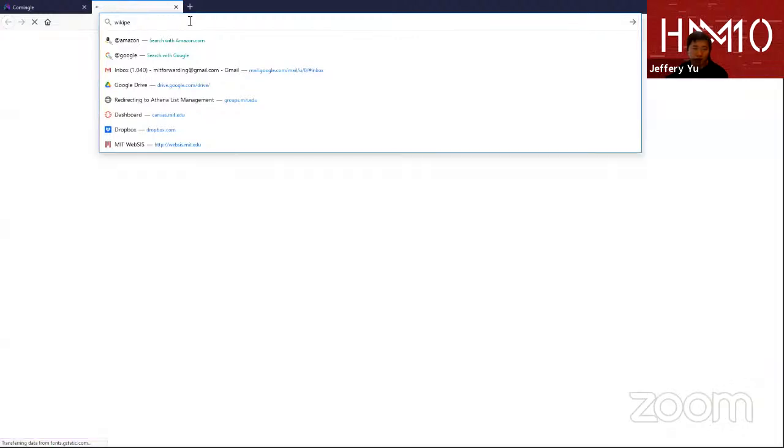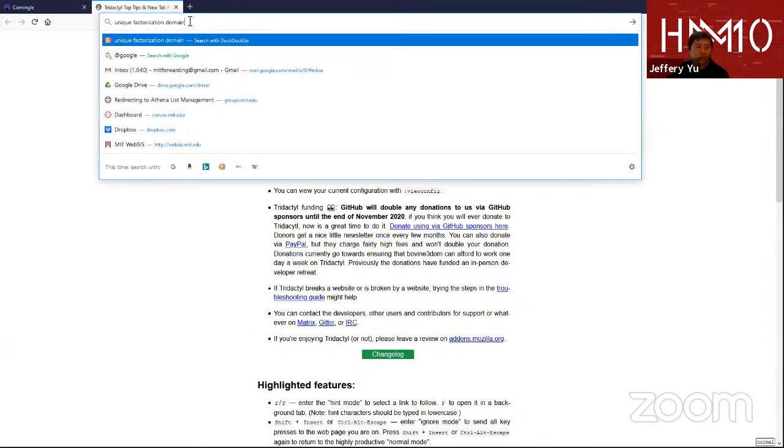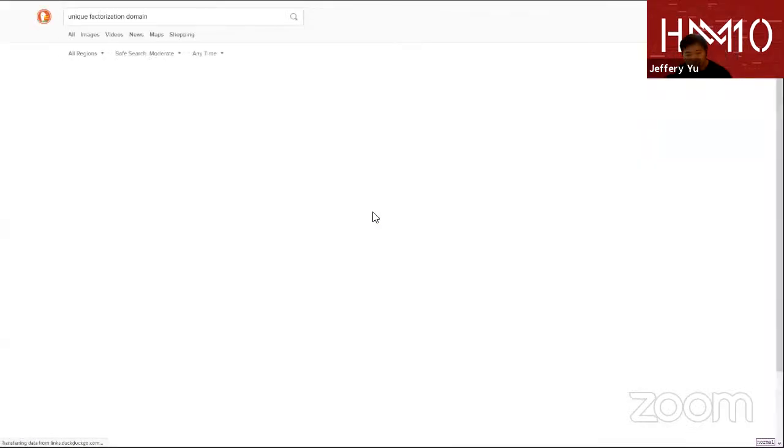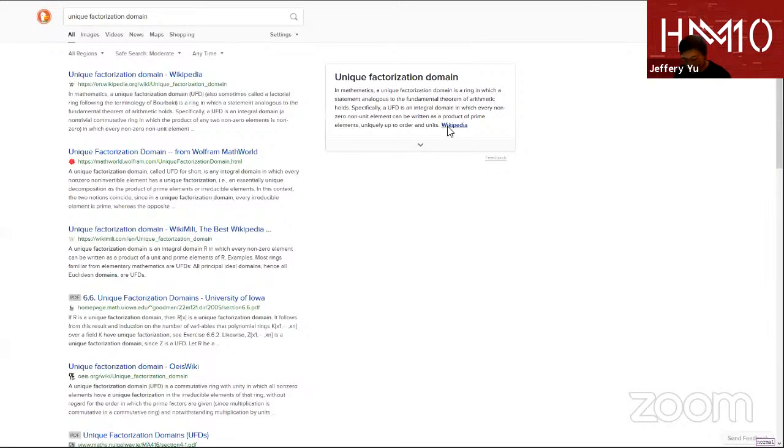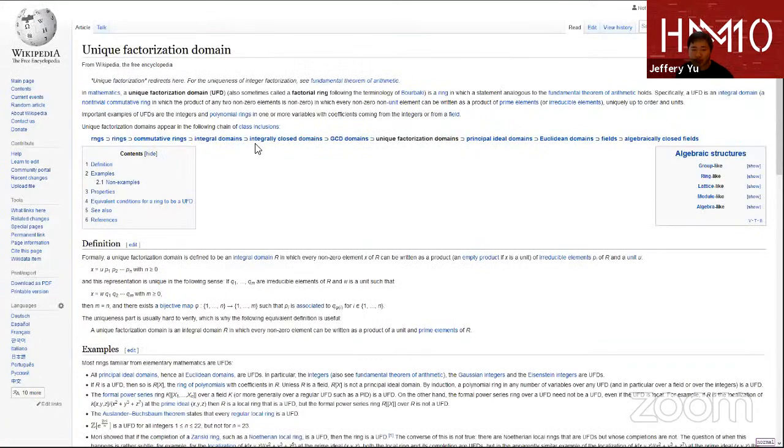If you go on Wikipedia for unique factorization domain, there's actually a whole chain of different types of rings you can get. There are some fancy words in here we're not going to worry about too much. If we want to find unique factorization, it's sufficient to prove it for any of these stronger conditions.